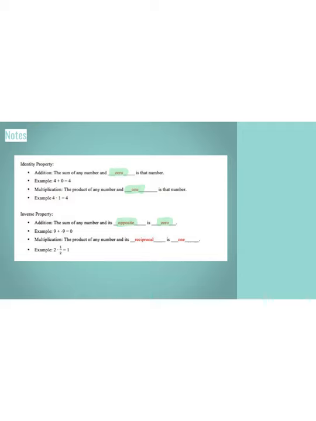The inverse property of multiplication, the product of any number and its reciprocal is 1, or it equals 1. So in the example down below, you have two wholes. If we pretended that the 2 was a fraction, we would have to put the 2 over 1.